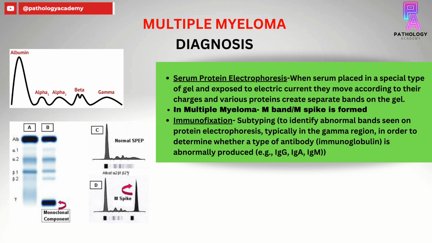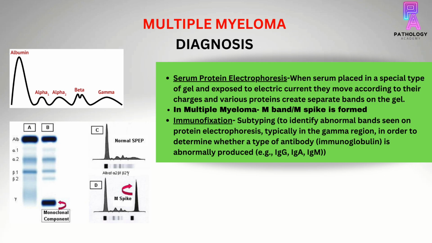Serum protein electrophoresis is done for confirmation in cases of multiple myeloma, in which, because of exposure to electric current, the proteins move according to their charges and various proteins create separate bands on the gel.